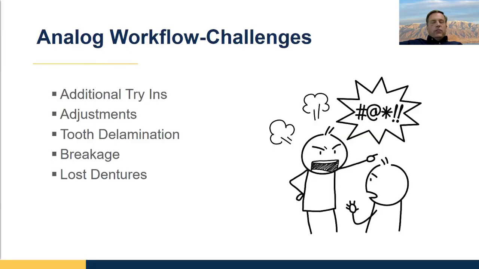One of the other problems with analog dentures, as you guys know, is tooth delamination. We talked about last time that the pink base starts out as wax with the analog process. And wax is, unfortunately, an excellent separator for acrylic.